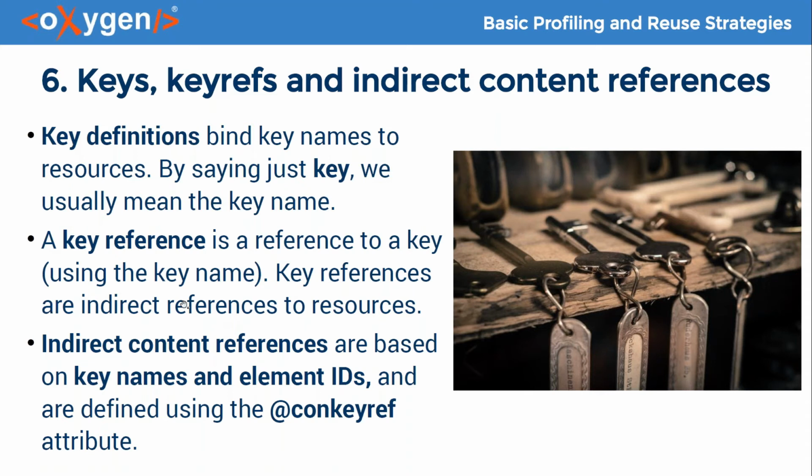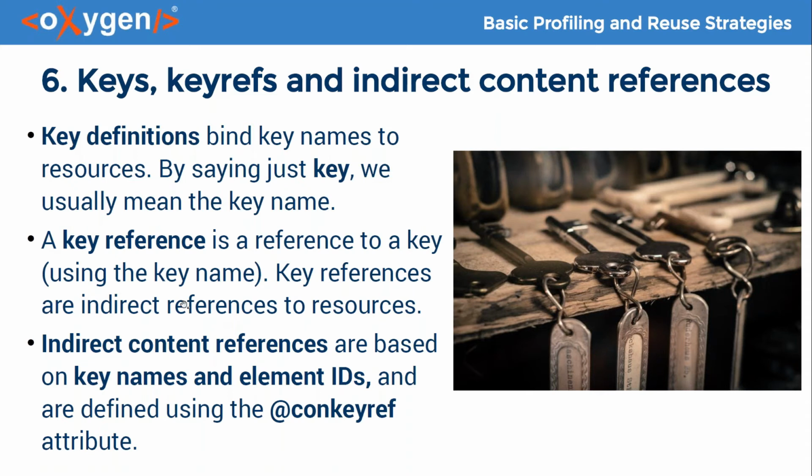The example that we have in our user manual is that of a postal office box. So it doesn't really matter what your home address is. You will always get your letters, your mail in your PO box because that stays the same.